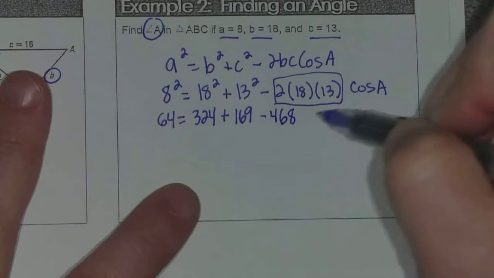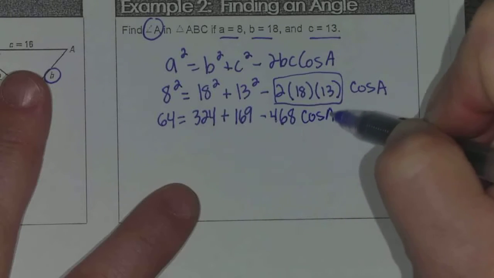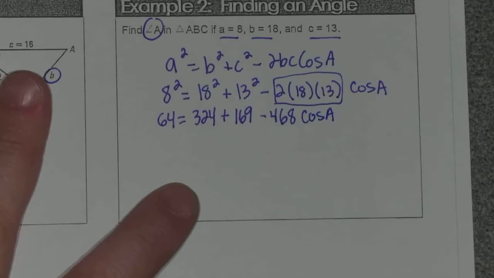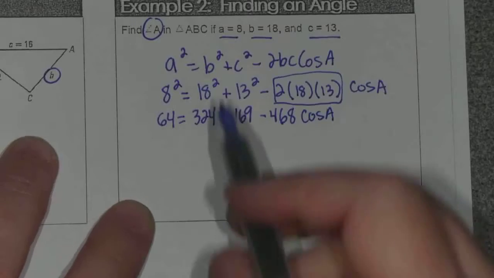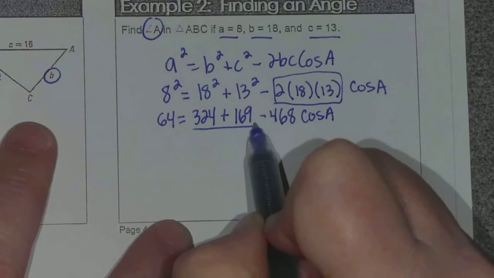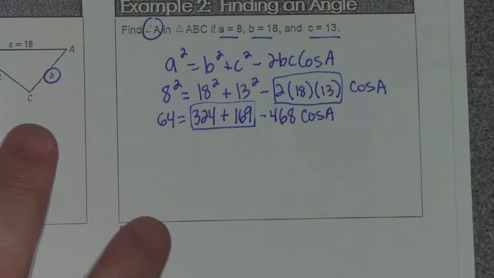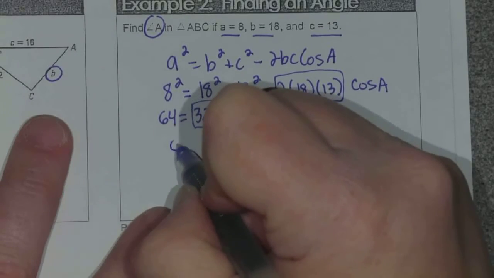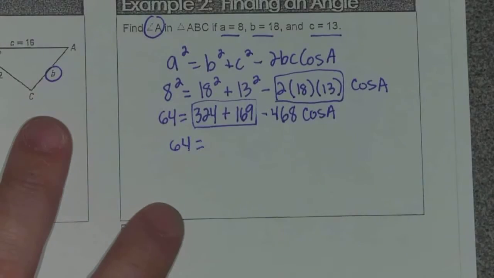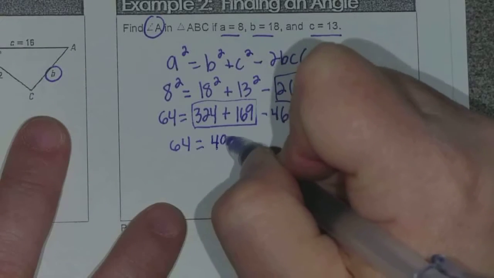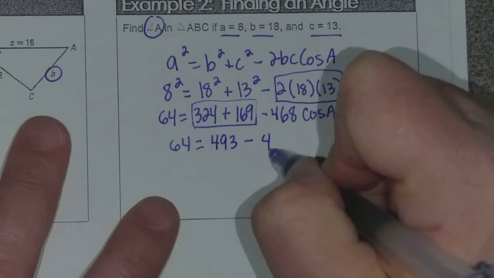Is that what you guys got? Anybody? Check my work, yeah? Okay. Can I add these two together right here? Yeah, so let's do that. So I'll have 64 equals those two added together. 493.